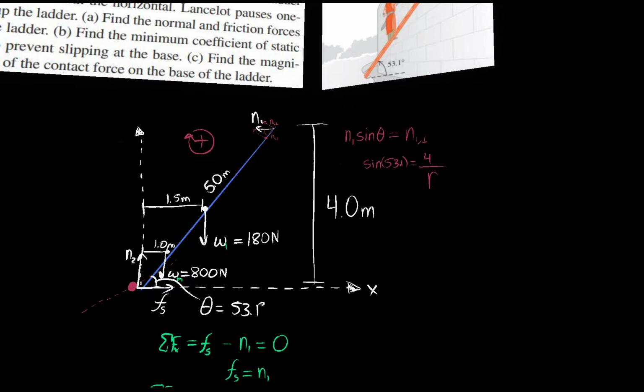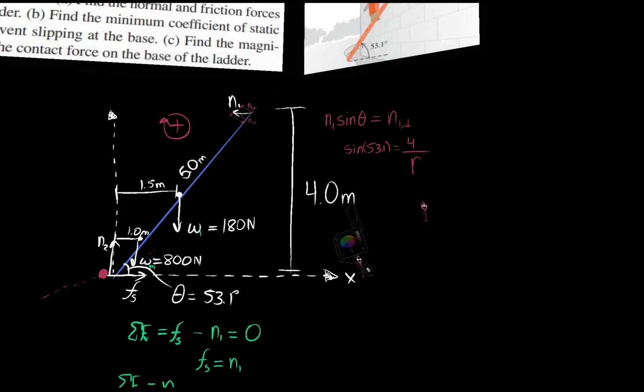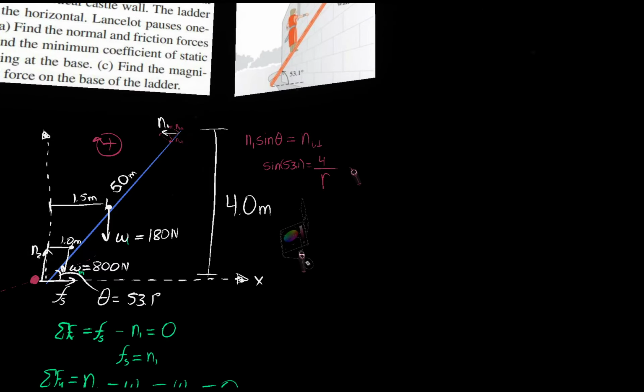And if you solve for r, that means r is equal to 4 over sine of 53.1. Okay.